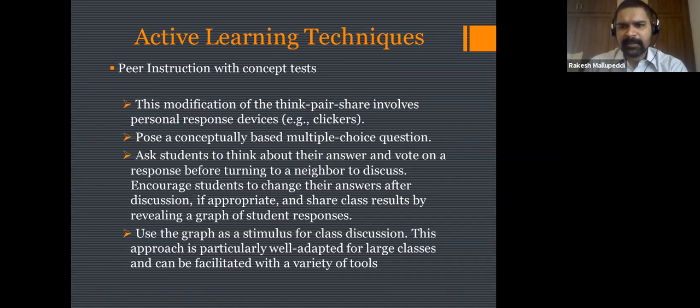Please go to the internet, discuss with your other faculty members, and see what suits you, or in which way you can do it, and how the students are receiving it. So there are multiple ways, but like I said, think of different variations of these and choose the best options.